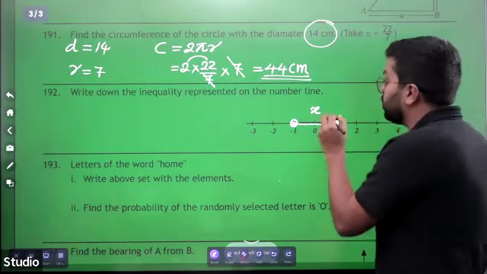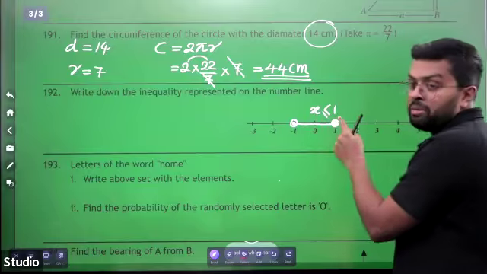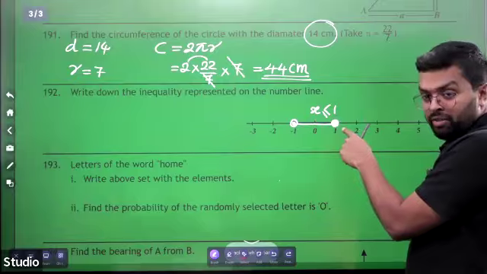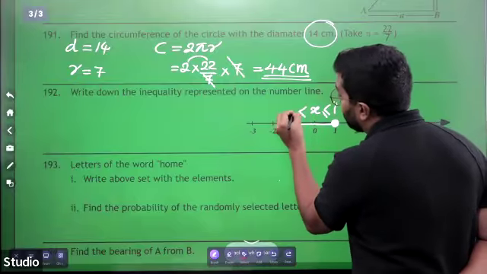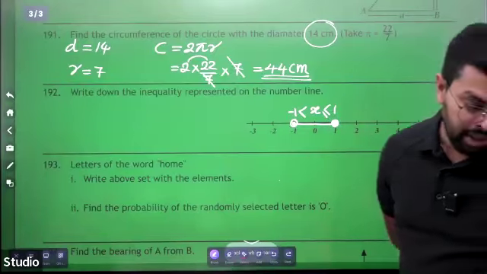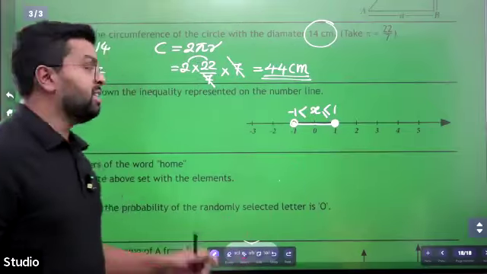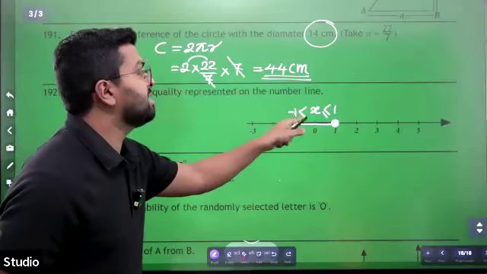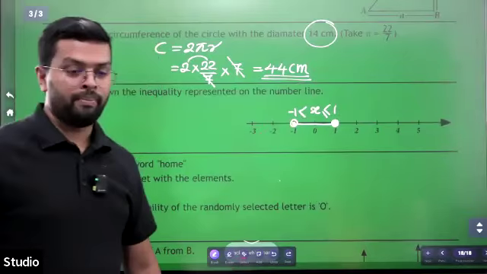This value should be less than 1, but sometimes it can be equal to 1 as well. And also that value is greater than minus 1. So the inequality represented on this number line is minus 1 is less than x, x is less than or equal to 1. Clear enough?